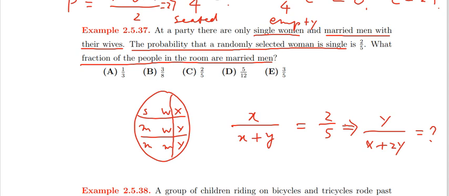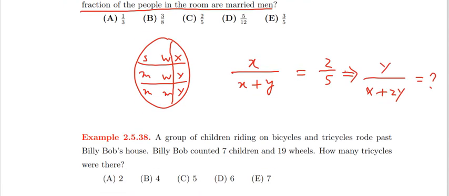So now the problem becomes an algebra problem, right? So from here 2/5, let's just divide by X, right? So we say 1 over 1 plus y over x equals 2 over 5.